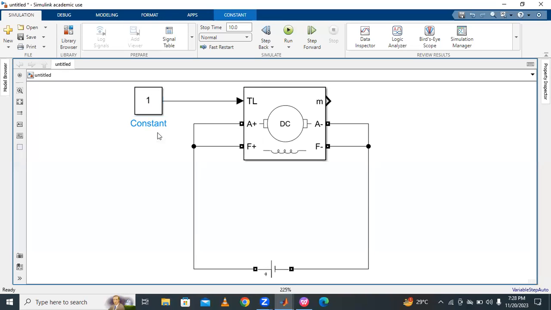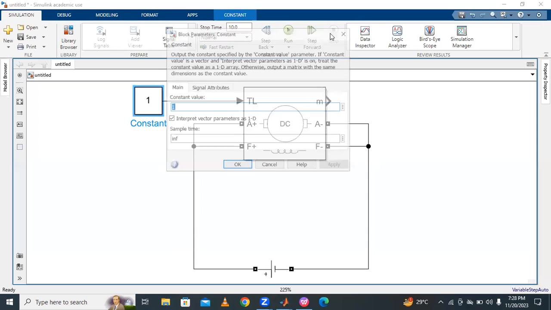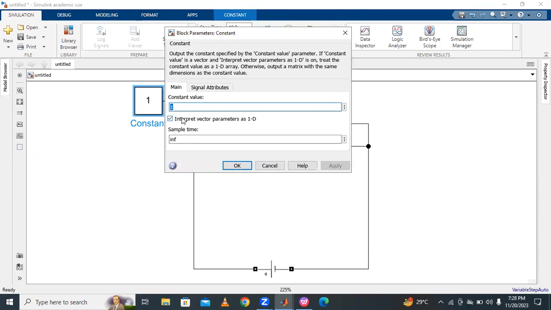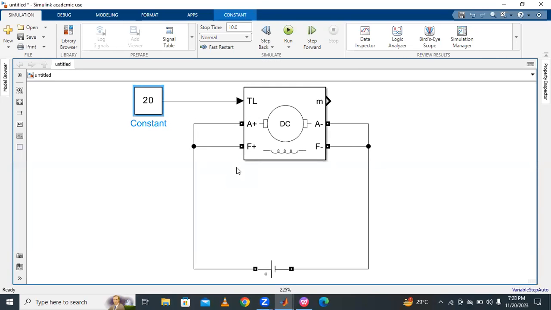The value is 1 now, so according to our calculations, the load torque is 20 Newton meters. So right here put 20 Newton meters instead of 1. Then apply, then okay. So the load torque is 20 Newton meters.